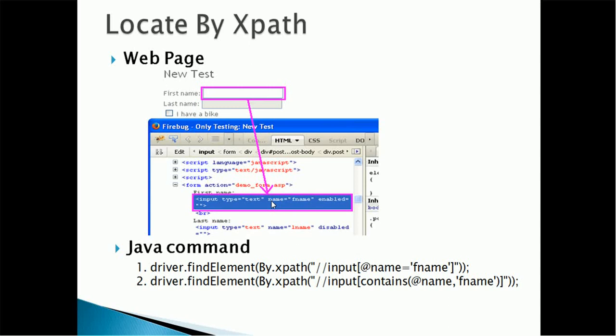We will explore that very shortly in an upcoming video. But here is an XPath of this text box. This is the first way of identifying it with XPath, and this is the second way. But there are n number of ways you can identify an element with XPath, and we will see that very shortly.